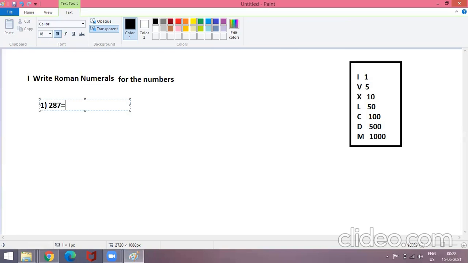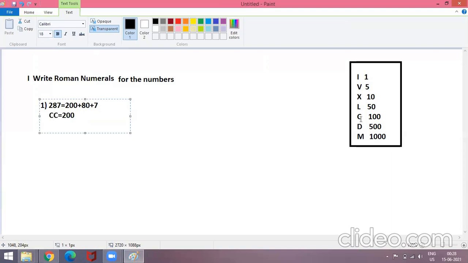Whenever you are given a number, you will first expand it. It can be expanded as 200 plus 80 plus 7, isn't it? So you will now write the representation for 200. 200 is equal to C. Each C holds a value 100. So CC will be equal to 200, isn't it?